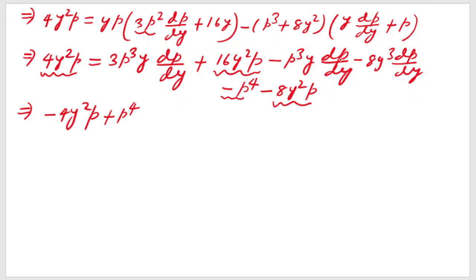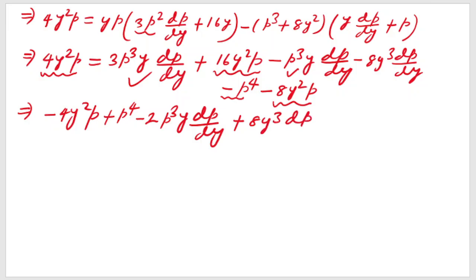So I am done with these terms. Now we have 3p cube y, and here we have minus p cube y, so it will become 2p cube y. If I bring it to the left hand side, I will have minus 2p cube y dp by dy. So I am done with this term and this term as well. Just one more is left: plus 8y cube dp by dy is equal to 0.